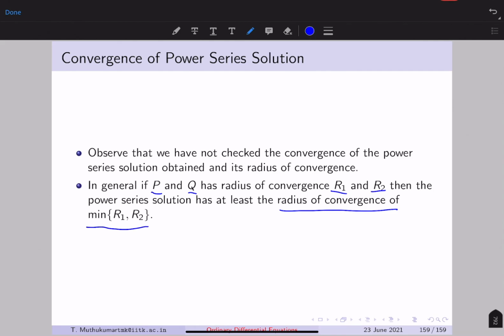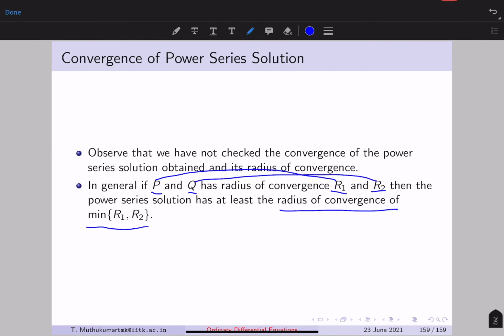Now the radius of convergence of the power series solution is at least as big as the smallest radius of convergence of P and Q between them, whatever is the minimum. So P has a radius of convergence R1, Q has the radius of convergence R2.